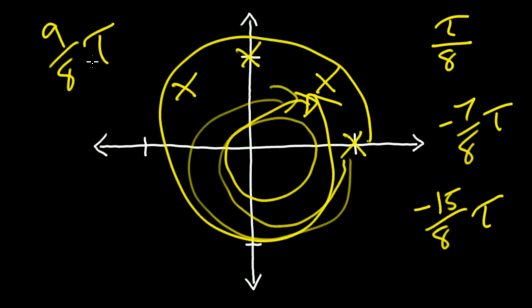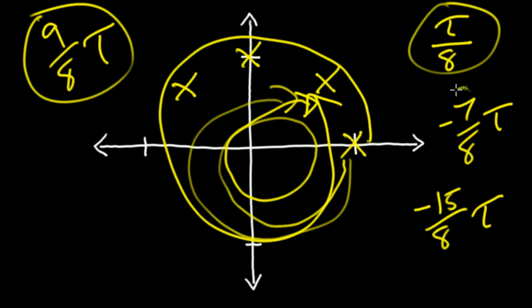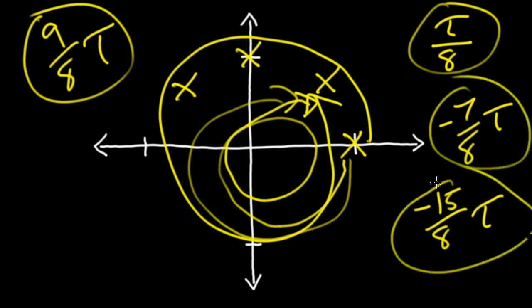They're called aliases because they're different names for the same thing. It's one frequency that can go by the name of a different frequency, and we can come up with an infinite number of them, but they're all related to tau, or they're all related to the sample rate.